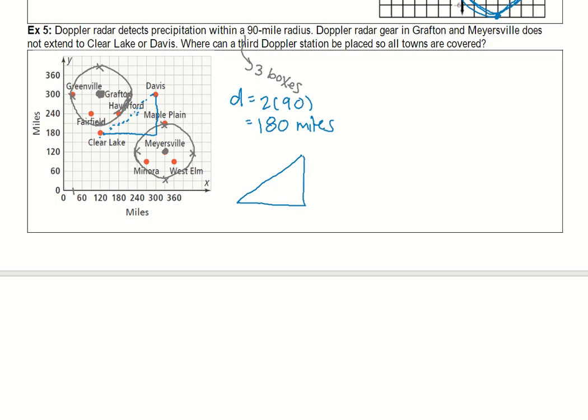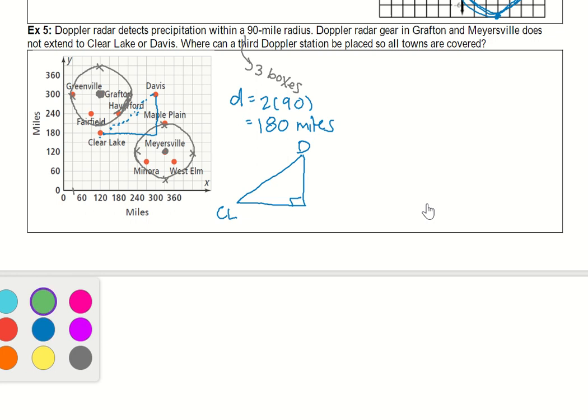So I'm going to resketch this right triangle here. So this is Davis and this is Clear Lake. As long as they're 180 miles or less apart, we will be able to put a Doppler to cover their area. So this is 1, 2, 3, 4, 5, 6 boxes across.